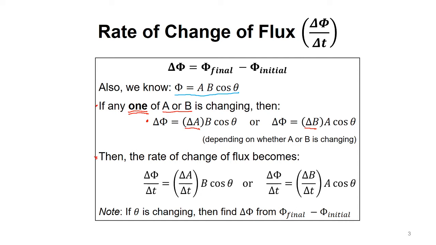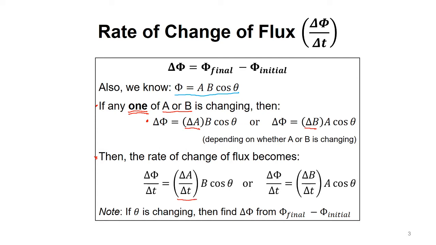And then the next point here: if you know how much time it takes for the area or field to change, we can just introduce a time on both sides. On the left side, we make it delta phi over delta t.